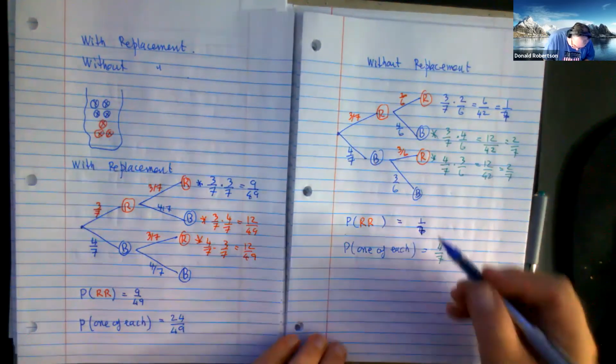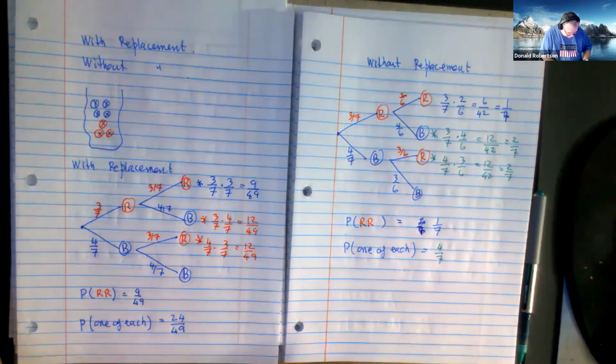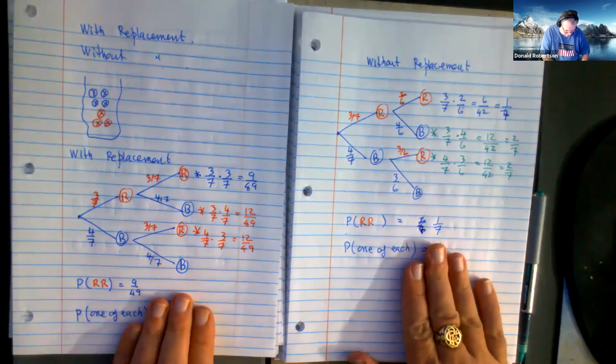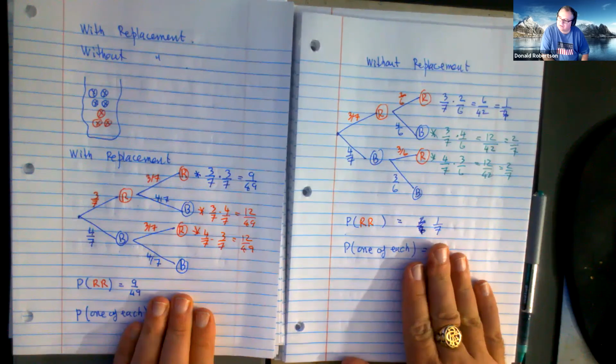Let me make that one a little bit neater. In which of these two situations is it easier to get 2 reds? With or without replacement? I guess it's which one of those two fractions is the biggest, isn't it?